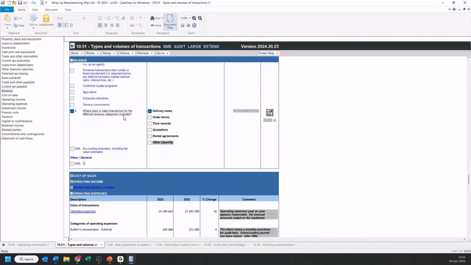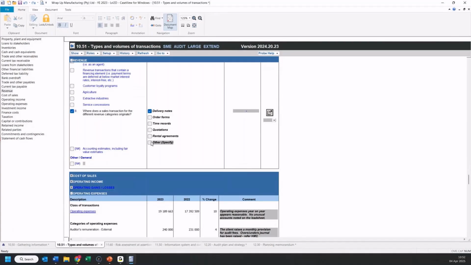And it's going to literally just take this one. So if I pick a delivery note as the source document where the transaction originates from, it's going to say select delivery notes, right? So if I see something strange in that procedure that wants to select from the source documents, it's not because there's a bug in the software or anything funny. It's really just because perhaps I selected the wrong thing here. So come back, have a look at what you selected, and that would quite possibly fix the work program steps.